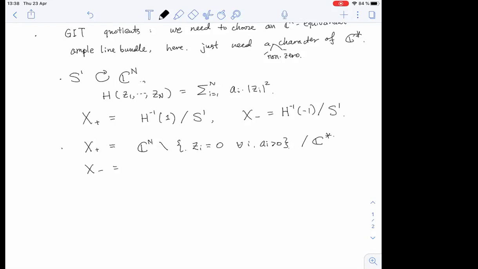Similarly, I can do this for all i with a_i less than 0. So the thing one ends up with will be an orbifold. So I will consider the so-called stacky GIT quotients.